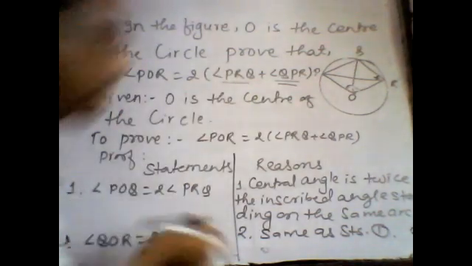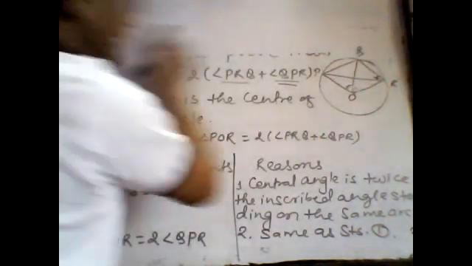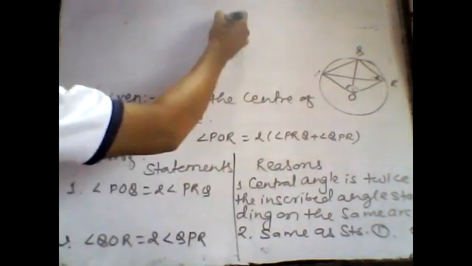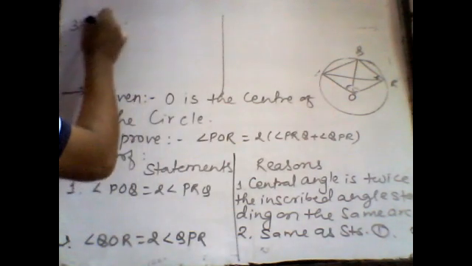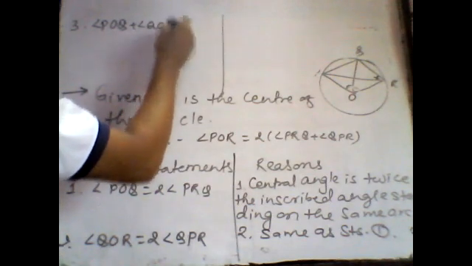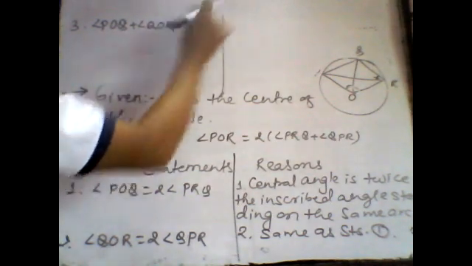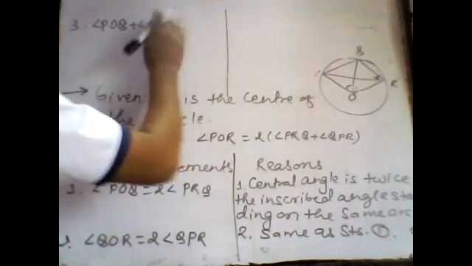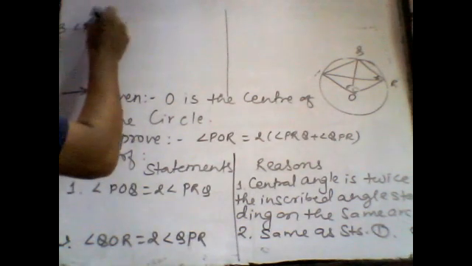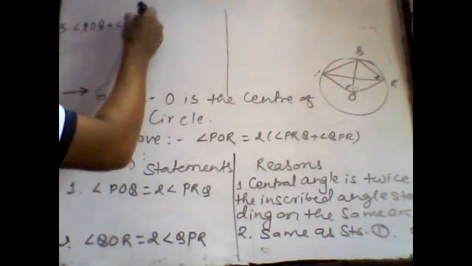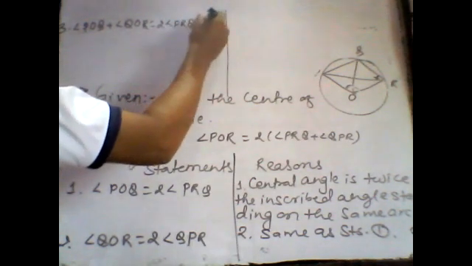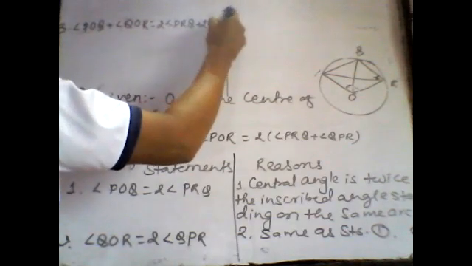So adding statements 1 and 2, in statement number 3 we can write: angle POQ plus angle QOR equals twice of angle PRQ plus twice of angle QPR.